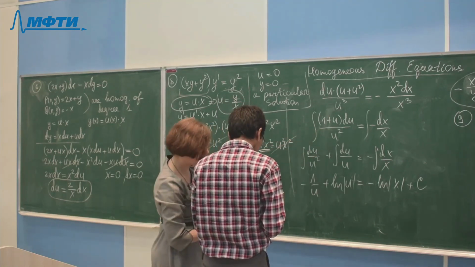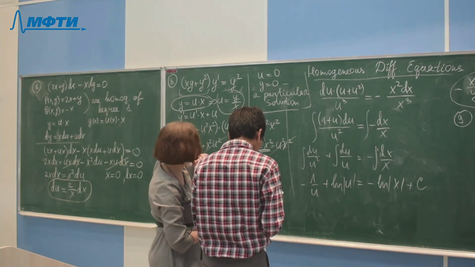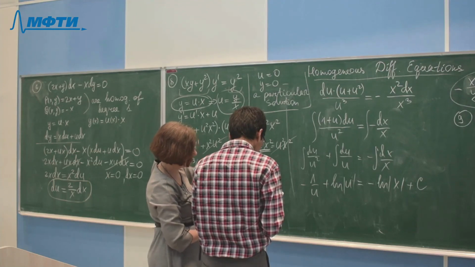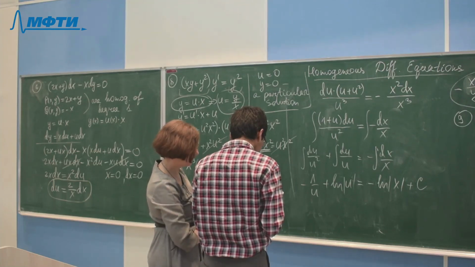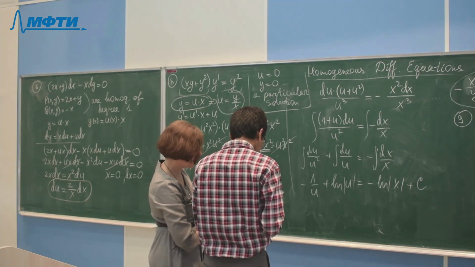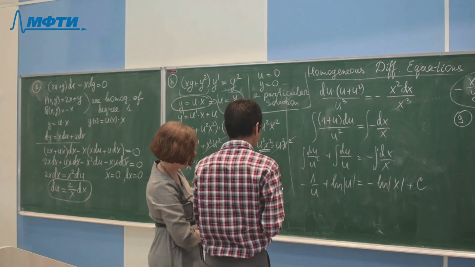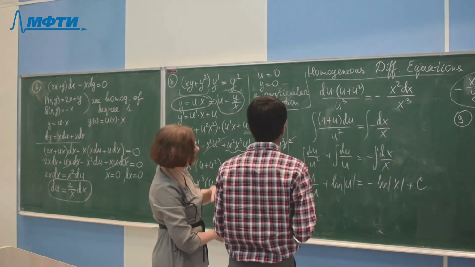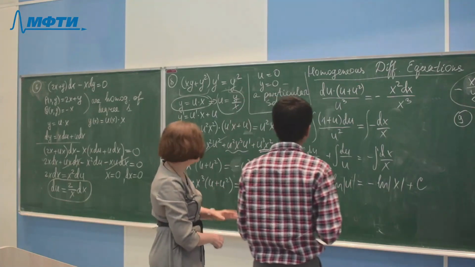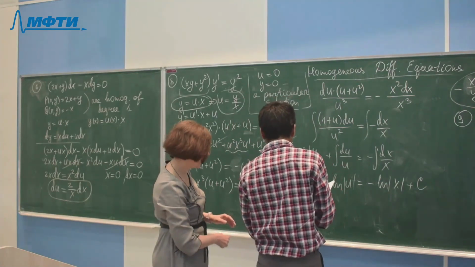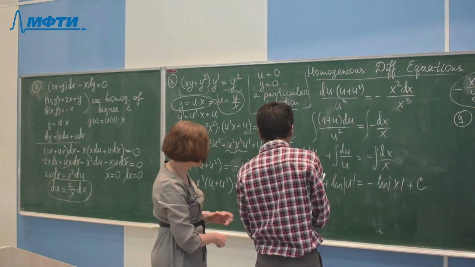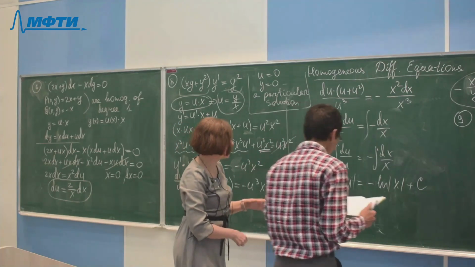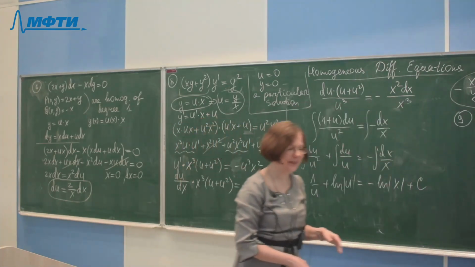Let me check. It seems u times 1 minus u, divided by u squared, right? Yes. And then after this, if we divide, I think it's the same. Yes. Okay, so I cancelled. Right. Correct.